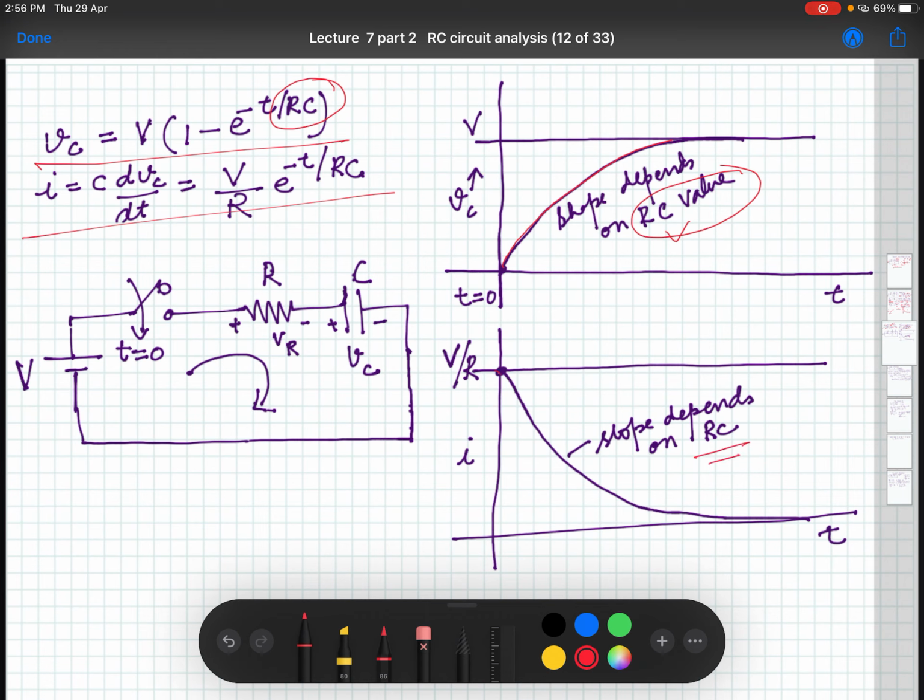Similarly, the fall of current also depends on the value of RC. So this RC actually decides when the circuit is said to be in transient state, because that slope only decides when the circuit will reach this point, that is when there is no dependence on time, that means in steady state. So RC is in fact called a time constant for this circuit, because it decides when the steady state in the circuit will be reached.